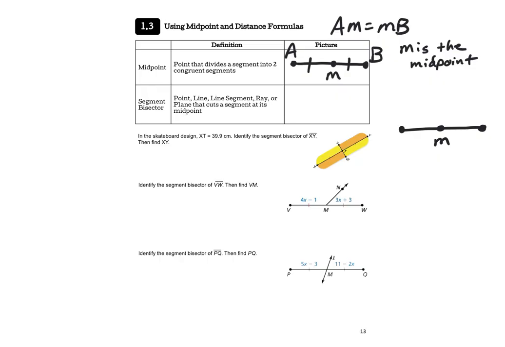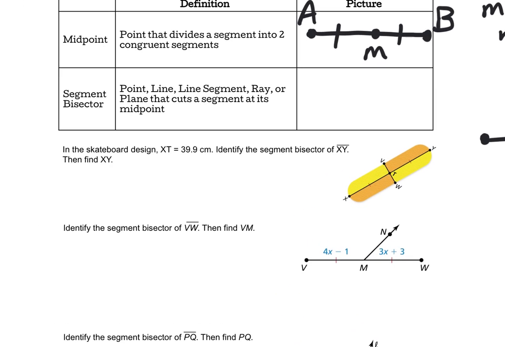All right. On this segment bisector here, if I were to draw a picture, if I give you a segment, I could split that segment into 2 parts. But in order for them to be equal parts, then we would have to know that it's through the middle of that segment.